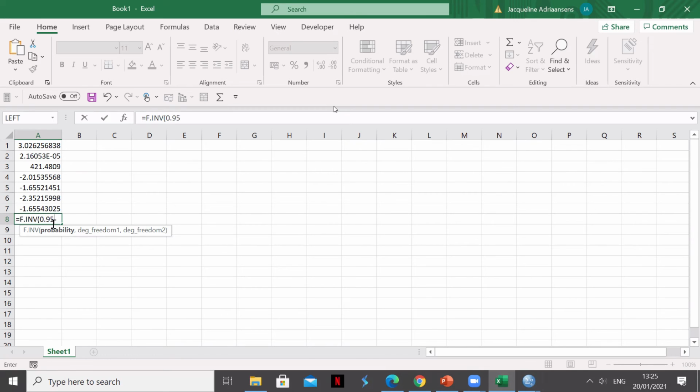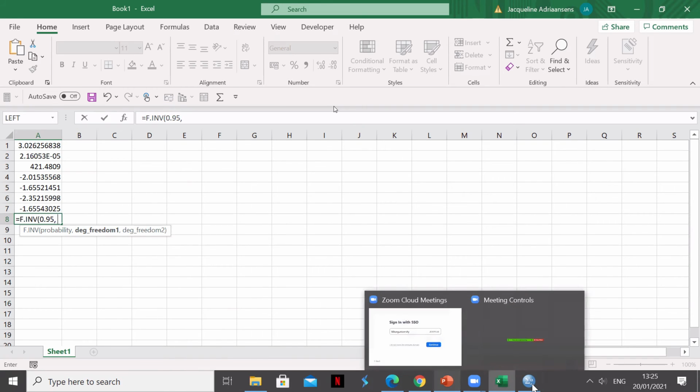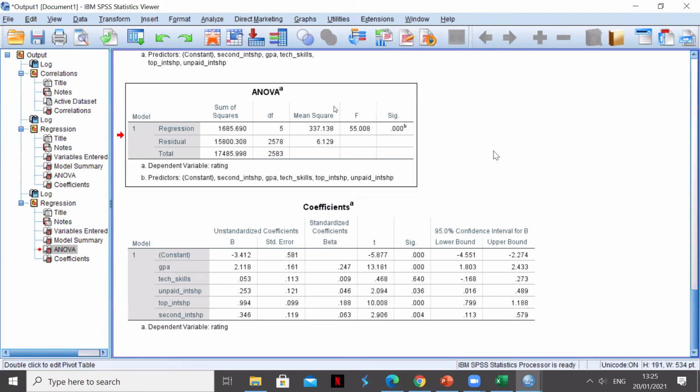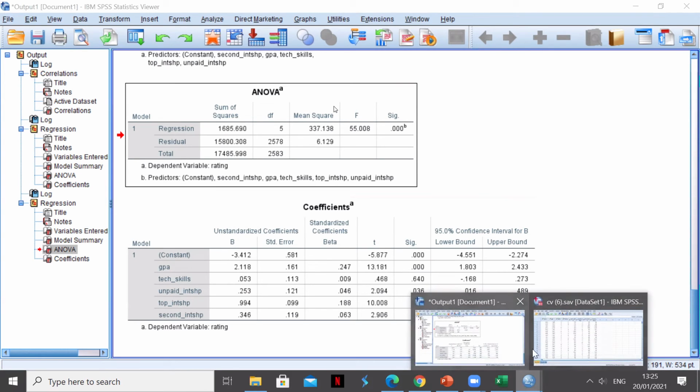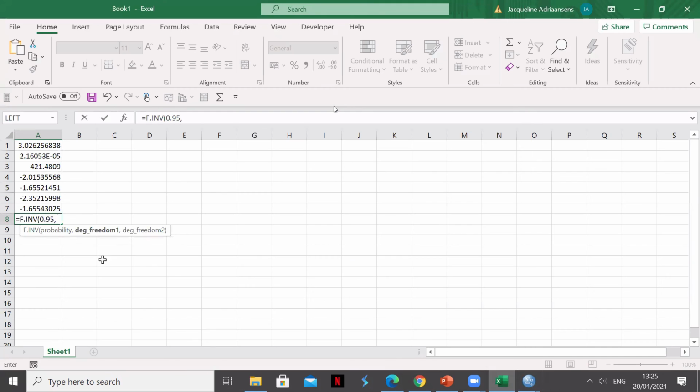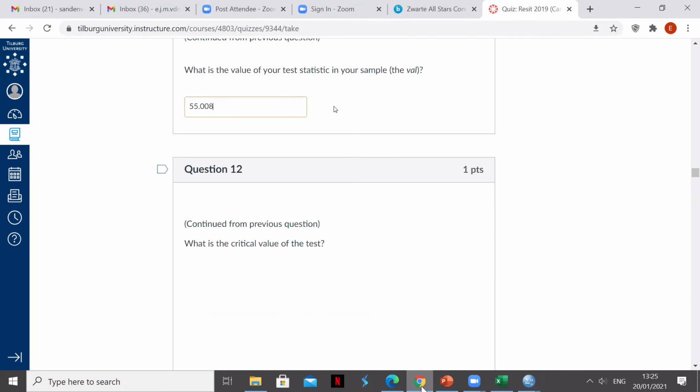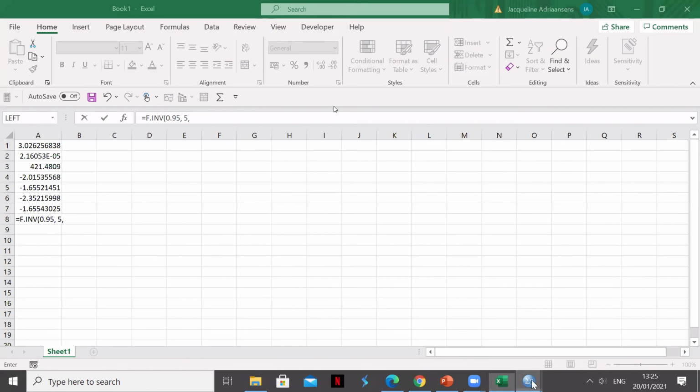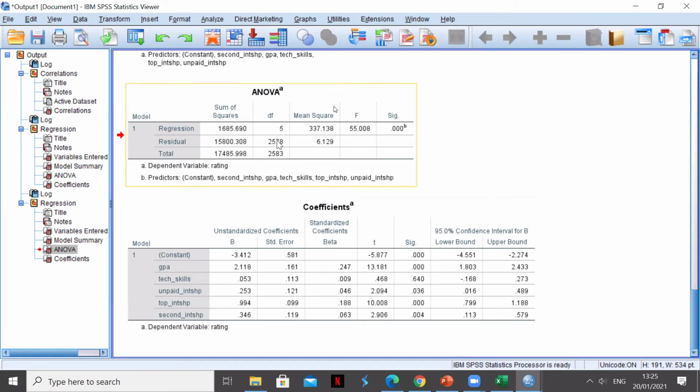It's always an upper tail test. And then you have 2 degrees of freedom. You can read those from SPSS. The first one is 5. That was k. Remember, the first degrees of freedom is k. And the second one always is n minus k minus 1. If you go to SPSS, then it's this one. So that's 2578.